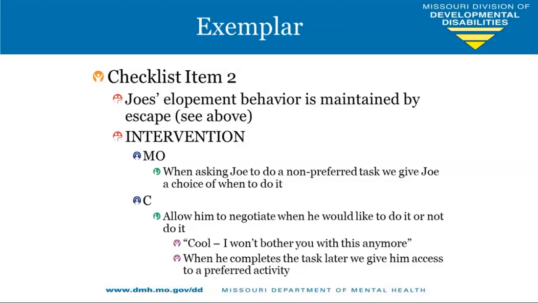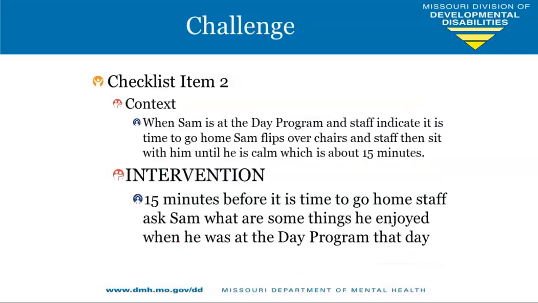If he negotiates time to do it, or doesn't negotiate time to do it, we just say, cool, I won't bother you anymore. And when he completes the task later, we give him access to preferred activities, such as, I think, things that will be listed in the survey of reinforcers.